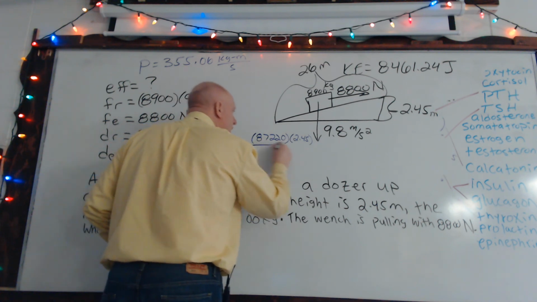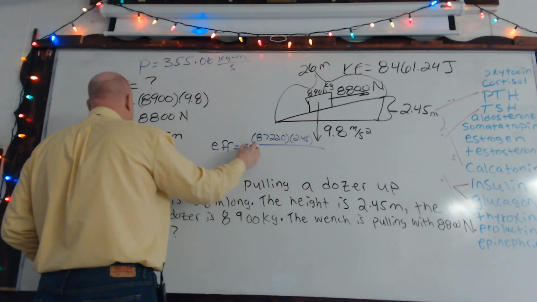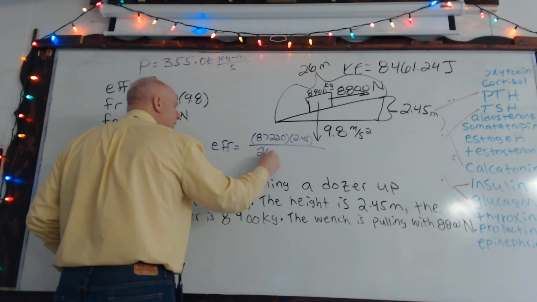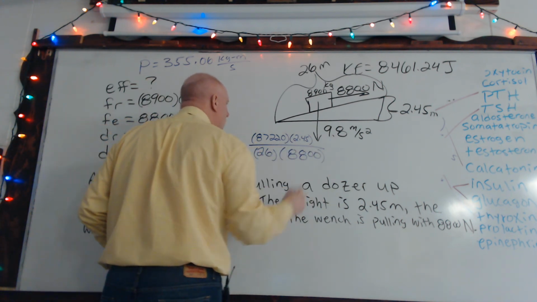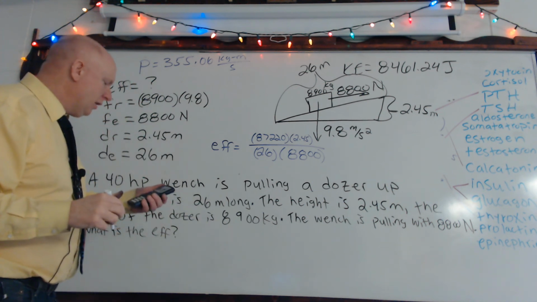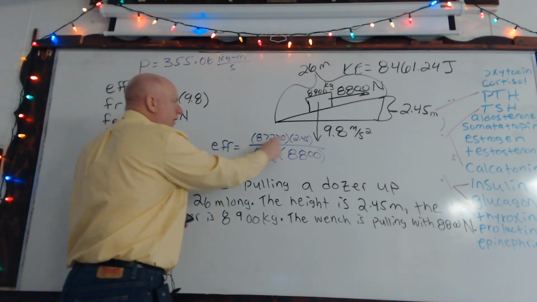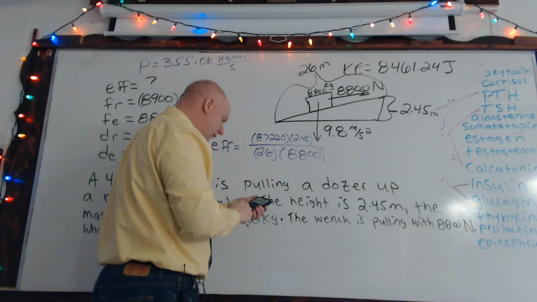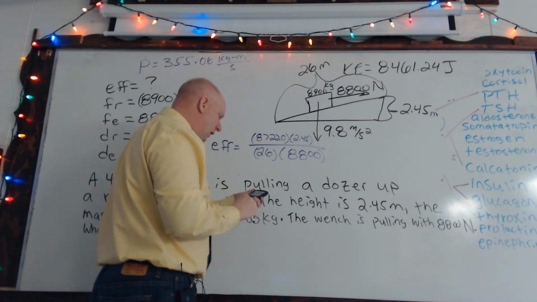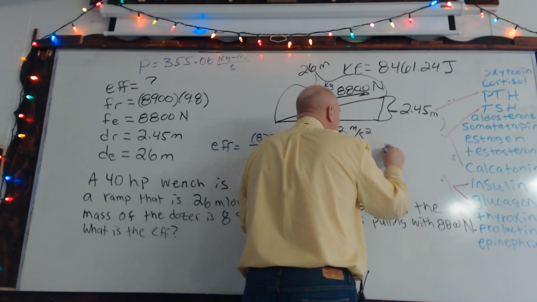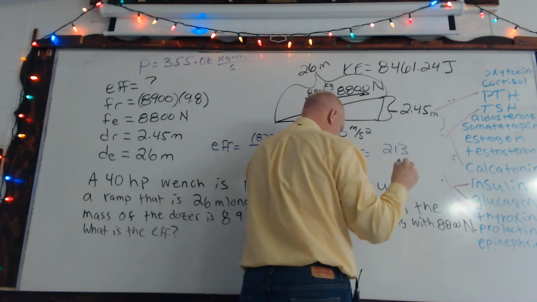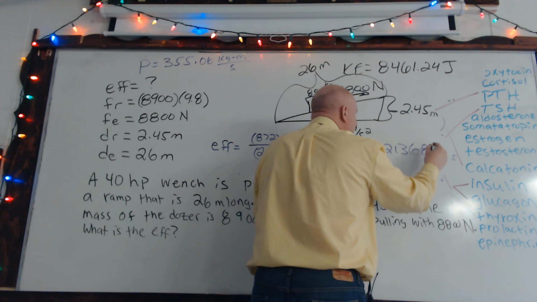And then that's all over FE times DE, so 26 times 8,800. Okay, so now 87,220 times 2.45 gives us 213,689.